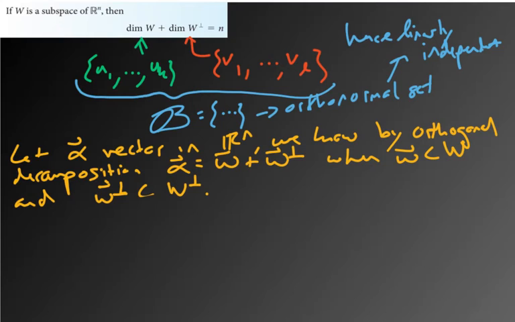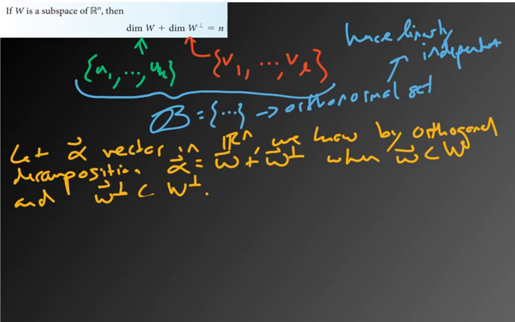So that's nice. And we know this W vector is in the subspace W, so it is spanned by vectors U1 through UK, some amount of those. It can be described by those. And then the W perp vector lives in this space that has this basis, so this chunk of the vector can be described by V1 through VL, some amount of those.